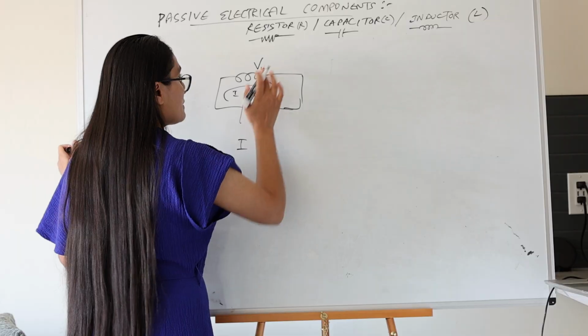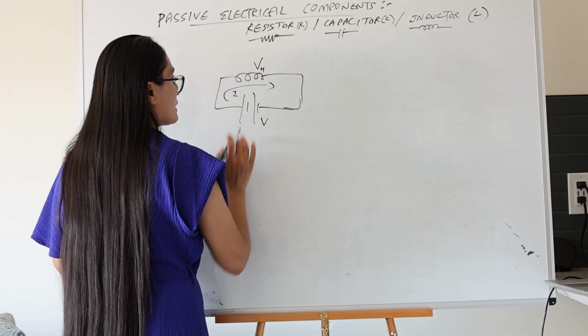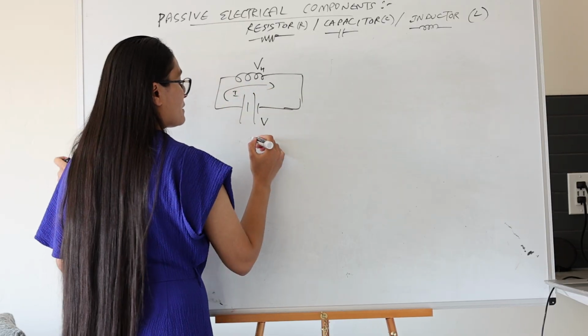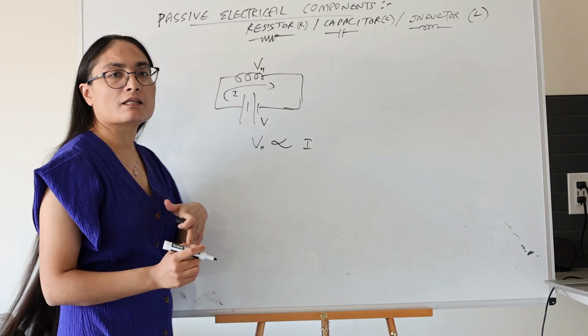So here this V_H that is induced inside the inductor is proportional to the current that is flowing through the inductor.